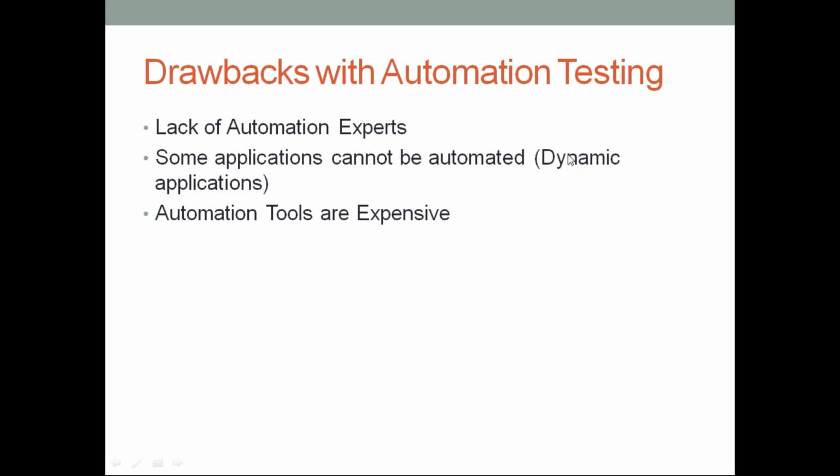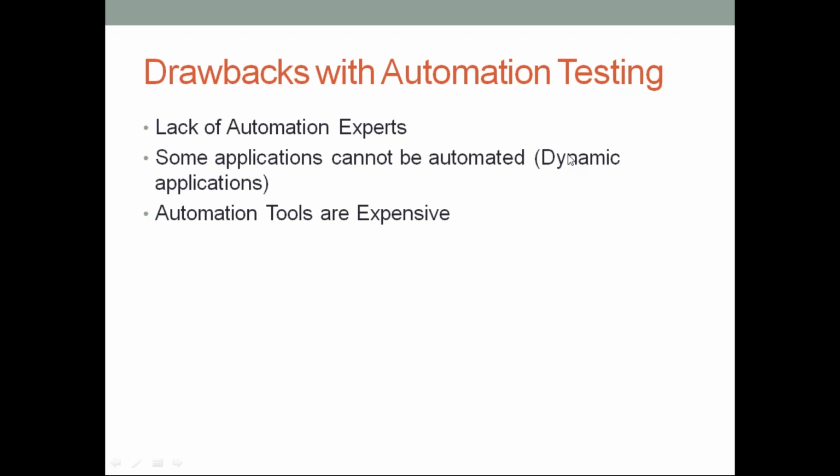So instead of having 10 manual resources, if they have 2 automation resources, obviously their budget also will be saved. So there are multiple advantages. So yes, there are a lot of vacancies for automation experts, right? If we are really learning automation and we are among those experts, then definitely we'll have good vacancies for us. That is how the market is right now.